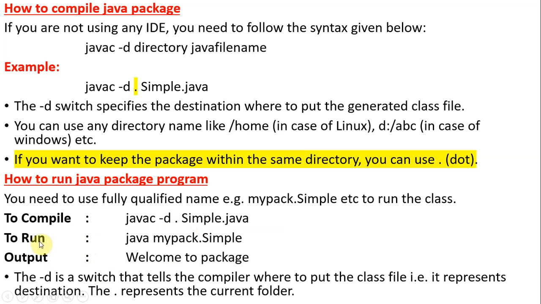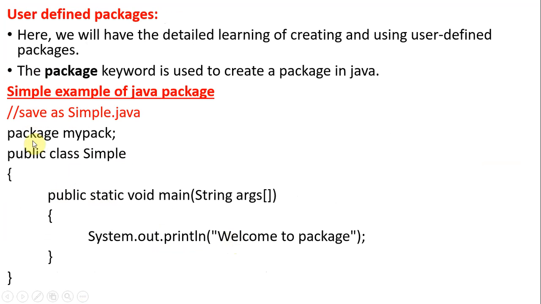When it comes to running, with the Java interpreter, just recall how we execute a normal source program without packages, compilation and running, then you will understand what I am telling. javac is the compiler, java is the interpreter. Then java mypack.simple. See here: package mypack, in mypack I have a simple class.